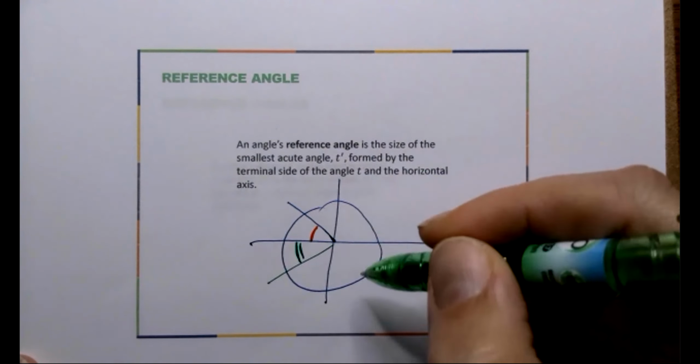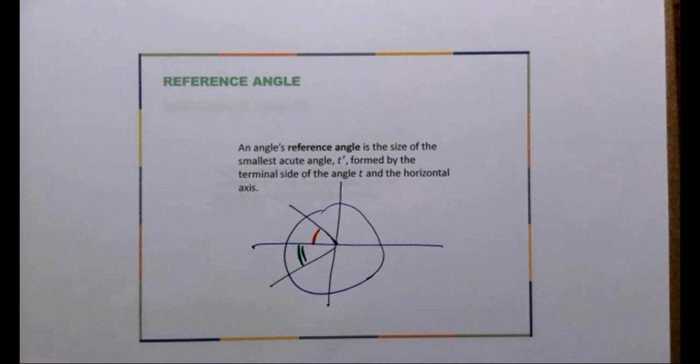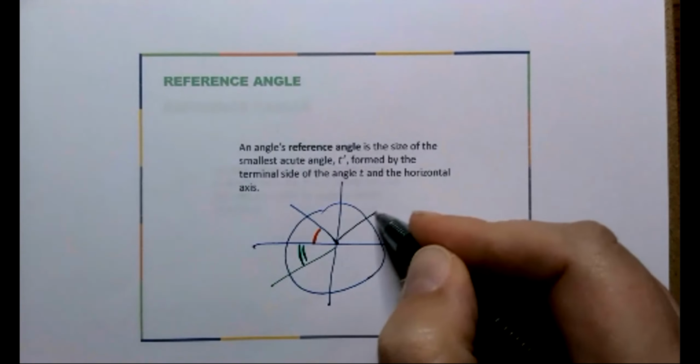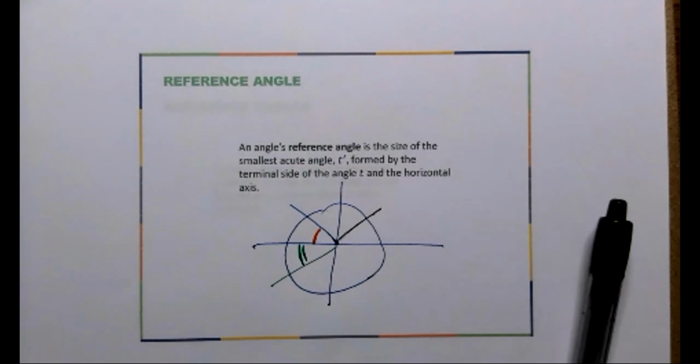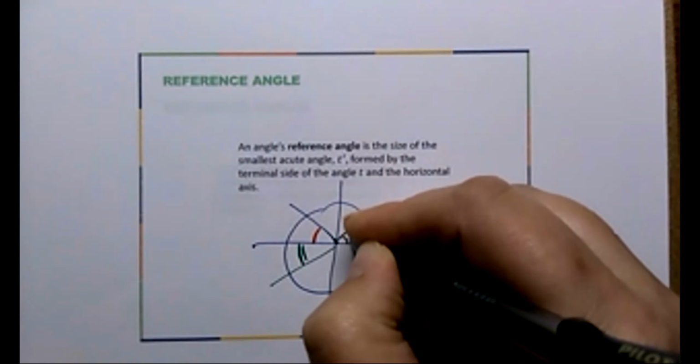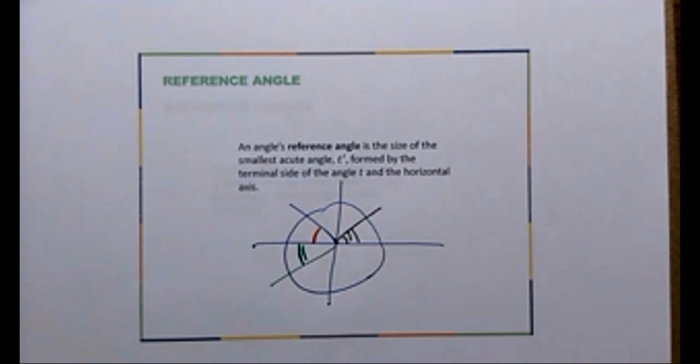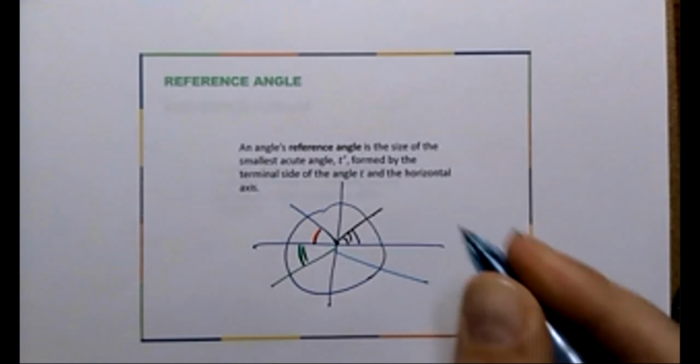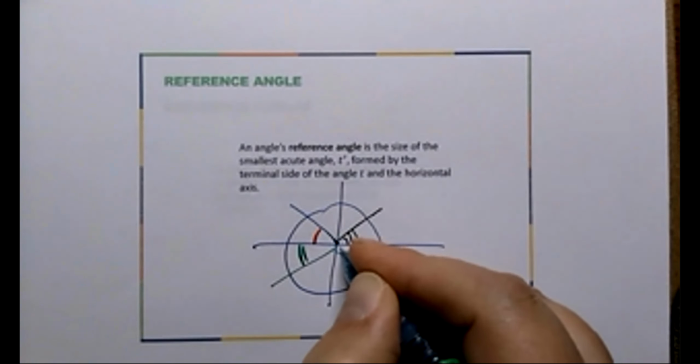Now, when your angle is in quadrant 1, then its reference angle is itself, actually, right here. And for the angle in the fourth quadrant, the reference angle is right here.